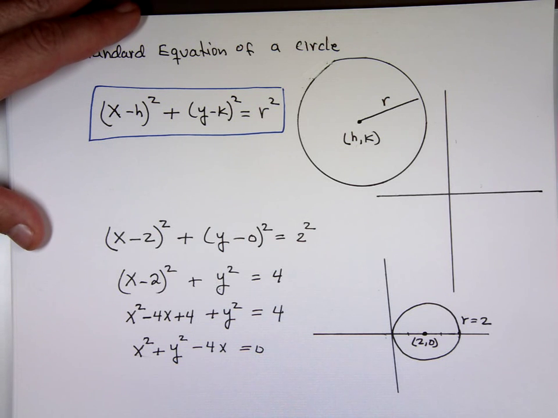How would I know that's a circle? Notice both x and y are squared. See them? That's one condition. There are 3 conditions that must be satisfied for it to be a circle. Both of these are squared. Yes. The coefficient for both of them must be the same. It doesn't have to be 1, but it must be the same.